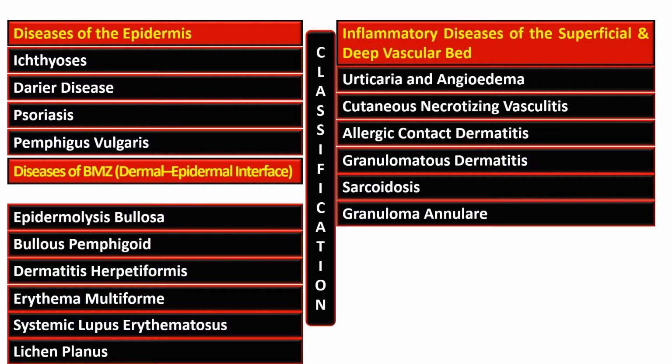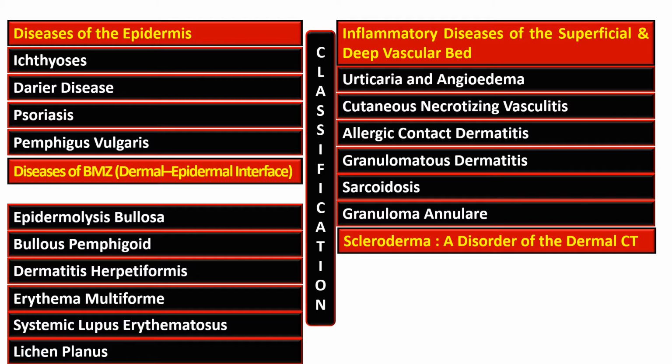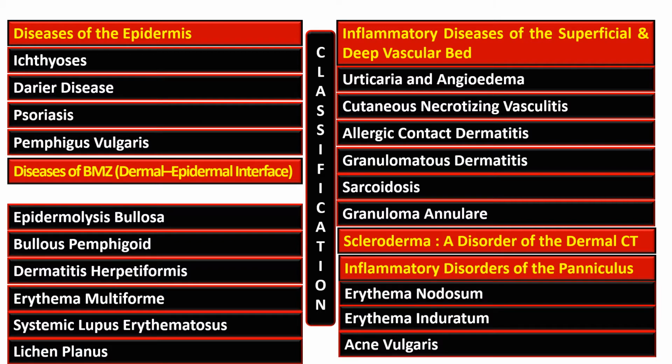The inflammatory diseases of the superficial and deep vascular bed include urticaria and angioedema, cutaneous necrotizing vasculitis, allergic contact dermatitis, granulomatous dermatitis, sarcoidosis, and granuloma annulare, while scleroderma is the disorder of the dermal connective tissue. The panniculitis inflammatory disorders are erythema nodosum and erythema induratum, while acne vulgaris is also an inflammatory disorder.